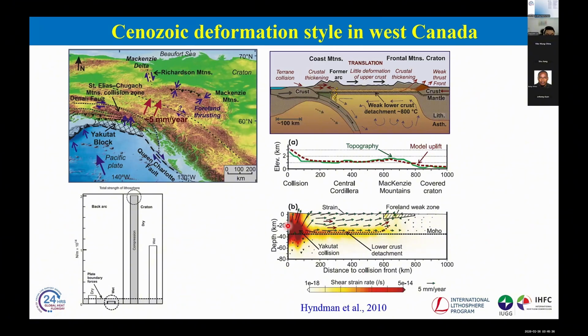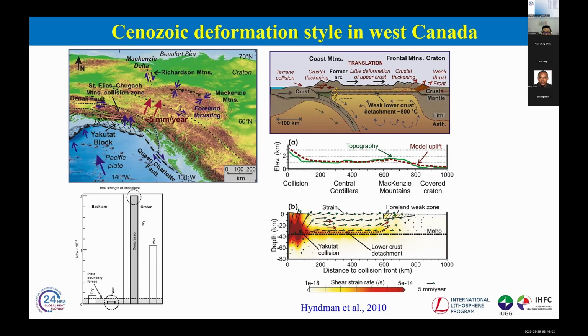Hyndman also gave the deformation scale for this area. We can see from the subduction zone to the back arc to the inland, they have different deformation scales. In the subduction zone, it is characterized by the crust sinking like this one, while the back arc is in extension.